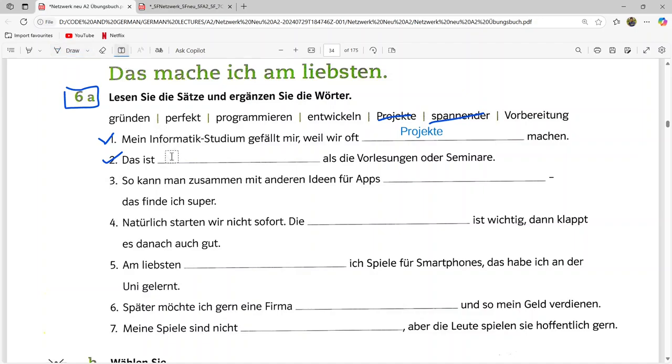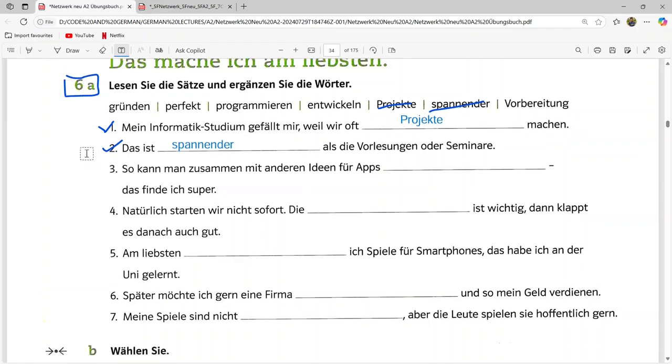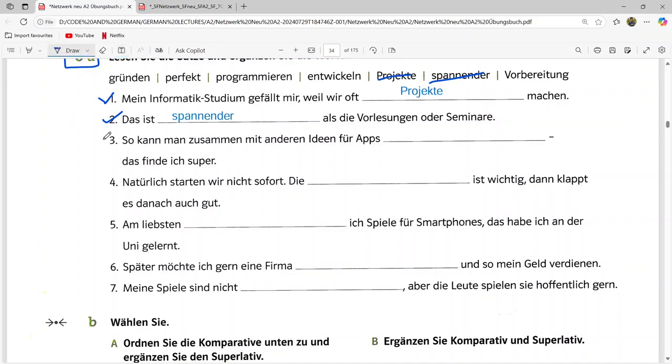So das ist spannender als die Vorlesungen und Seminare. So that is more exciting than the lecture and seminar. What is exciting? Making projects.